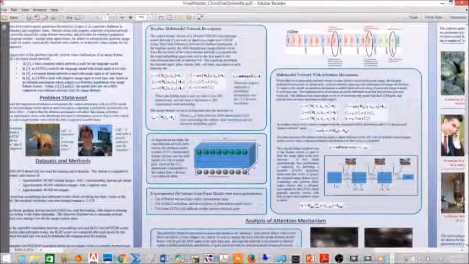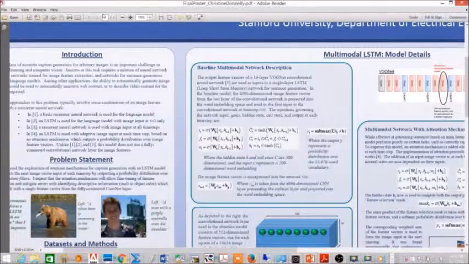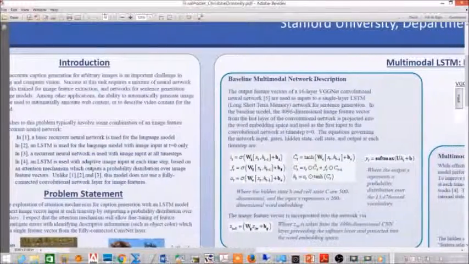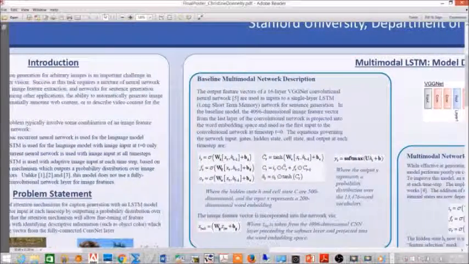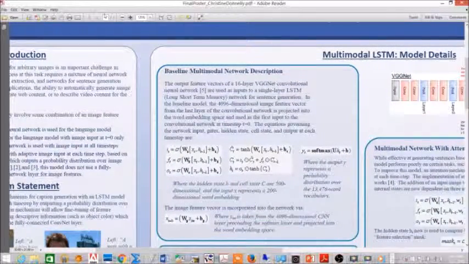I'll start with a description of the baseline LSTM network, which is in this box. This model uses a standard long short-term memory cell with the update equations for the forget gate, output gate, input gate, internal cell state, and finally the hidden state shown on the poster.